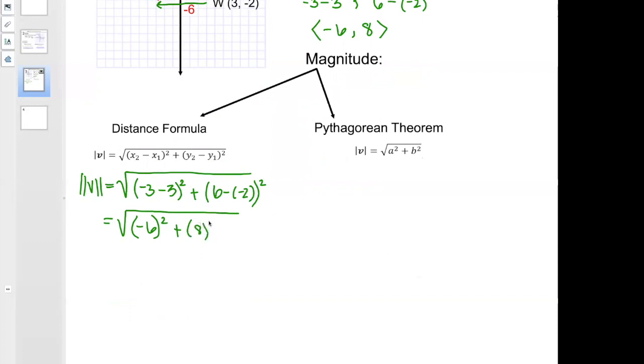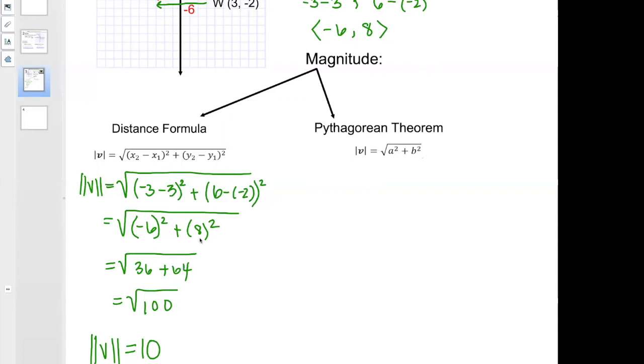So just be careful. 6 minus -2 is 8, so we get 36 plus 64, which gives us the square root of 100. So the magnitude of vector v, or the length of vector v, is 10 units.